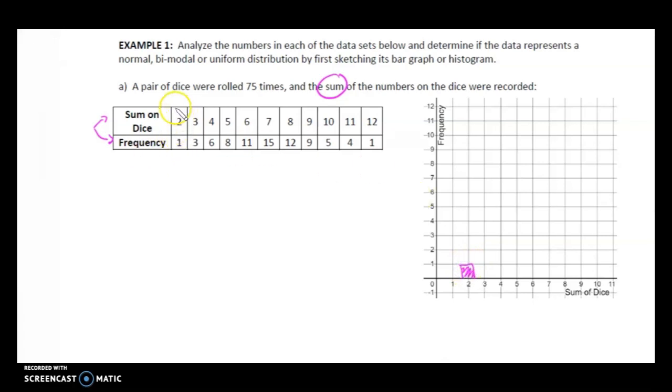The sum of 3, the frequency is 3. The sum of 4, the frequency is 6. The sum of 5, the frequency is 8. The sum of 6, the frequency is 11.